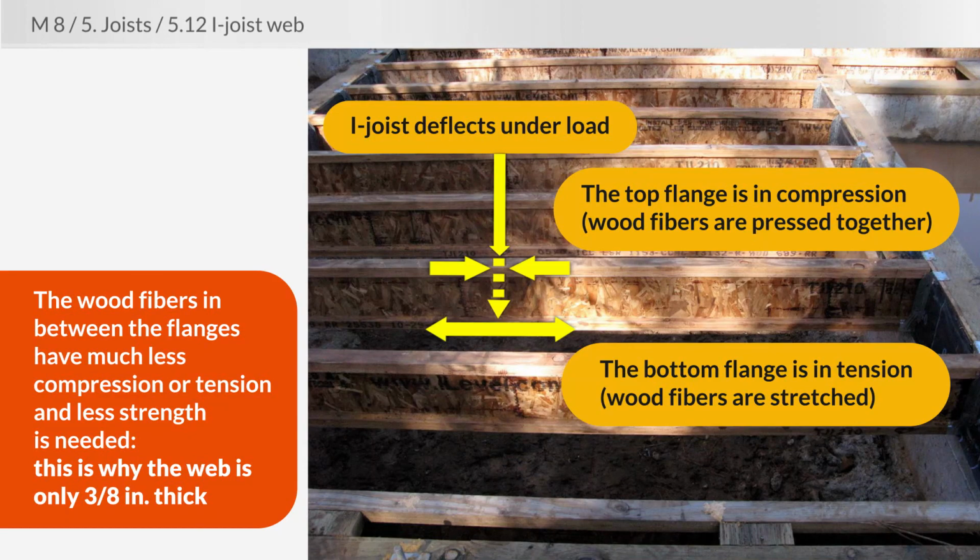Between the flanges, we have the 3/8 inch OSB web. The wood fibers in between the flanges have much less compression or tension, and less strength is needed. That's why we can get away with the web being only 3/8 of an inch thick.